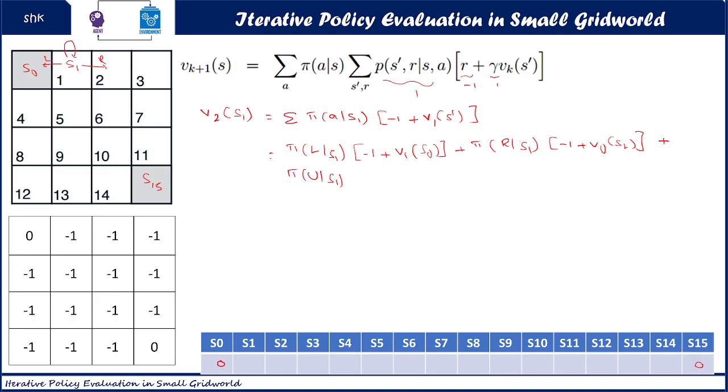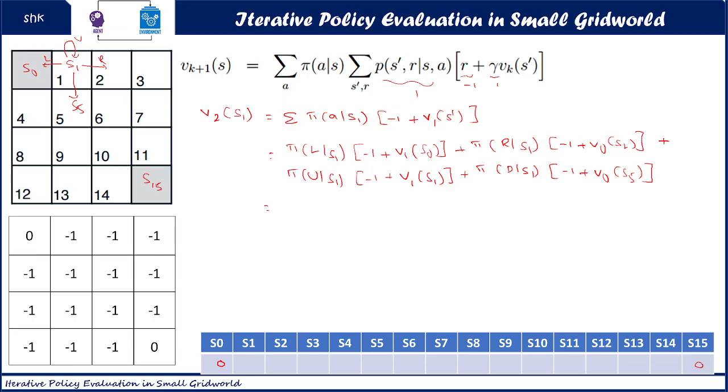When we take the up action, we fall into the same state, so -1 plus V1 of S1 state, plus pi of down action from S1 state, -1 plus V naught of, when we take the down action we fall to S1 state.